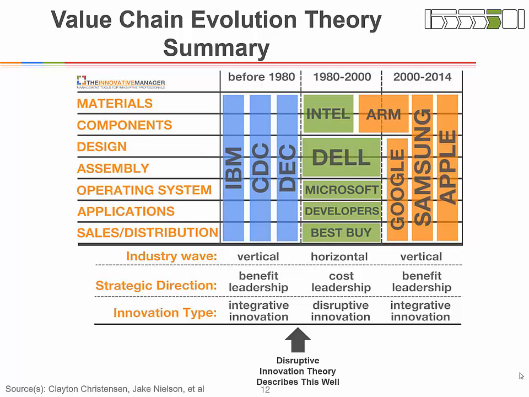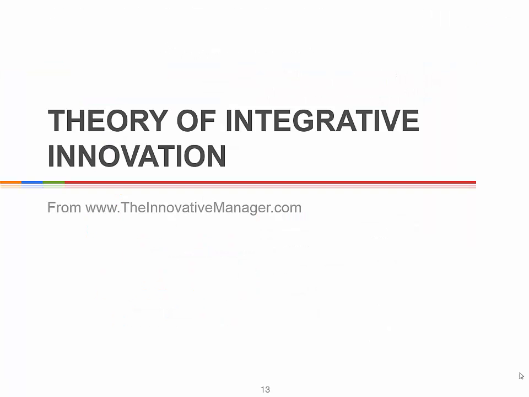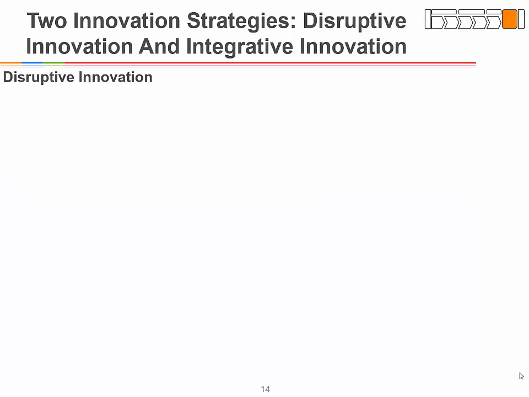But what it doesn't describe very well is the other transition, where you go from horizontal industry structure or product structure to vertical industry and product structure. And that's what I'm suggesting as a new theory that describes this. And it's perfectly complementary to the theory of disruptive innovation. And so I'm calling it the theory of integrative innovation.